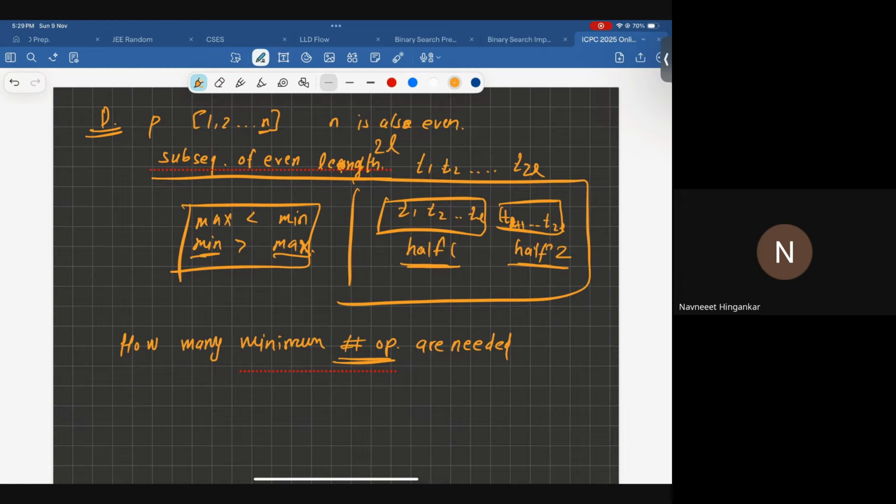A very blurred thought process, without any proof: maybe it might be related to a permutation tree, where the depth is at most log or something like that. So it was something like that.